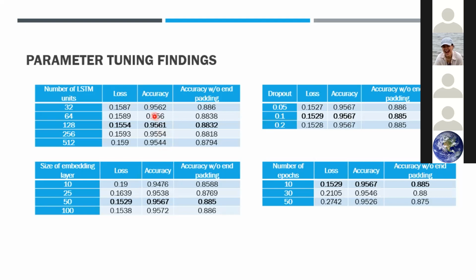Also, we report three numbers. The loss and accuracy come from TensorFlow, and these are the numbers that we obtain on padded sentences, so the standard length. But what we're really interested in is the accuracy without the end padding, which is typically well identified. So I cut the end padding and then recompute the accuracy, which is slightly less, but that's the number we need.